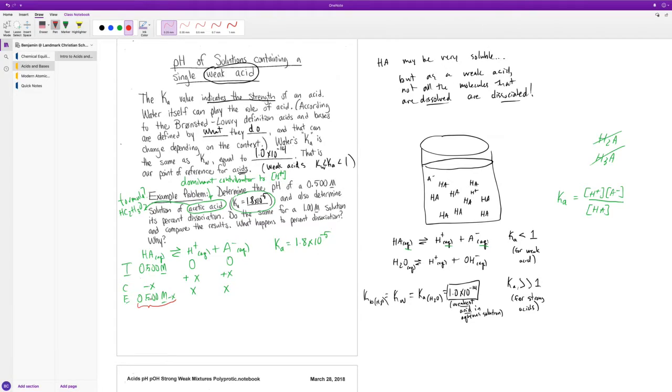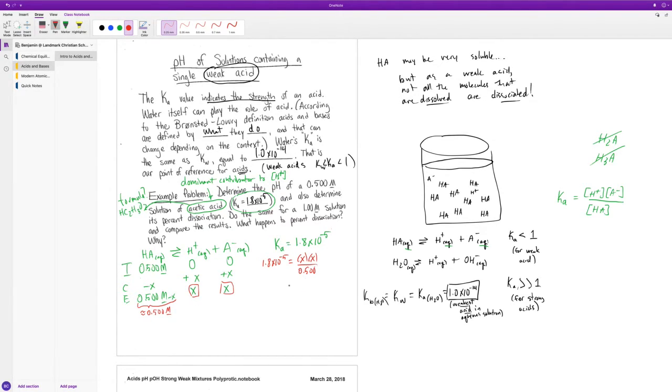And so 0.5 might be a lot bigger than X. And so we're going to try it with just 0.5 molar, and plug that into the mass action expression. Okay, so what we have is 1.8 times 10 to the negative 5 equals X raised to the first power, that's this here, times X raised to the second power, divided by 0.500. That's this one right here.